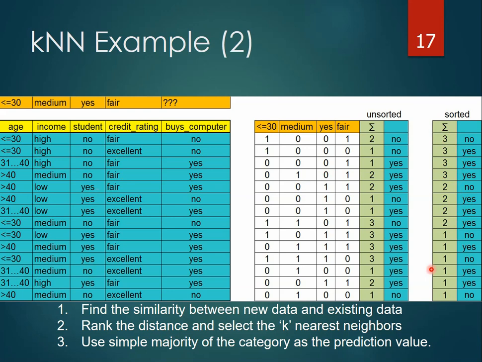So if you use k equals 5, then we have 3 yeses and 2 nos. So based on this k equals 5, the outcome or the possible class label for this new tuple is yes.